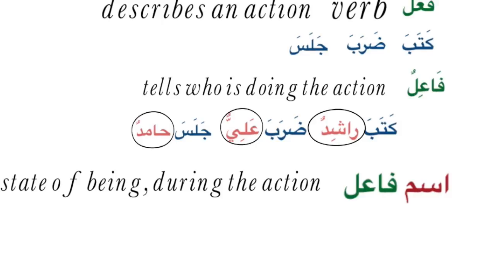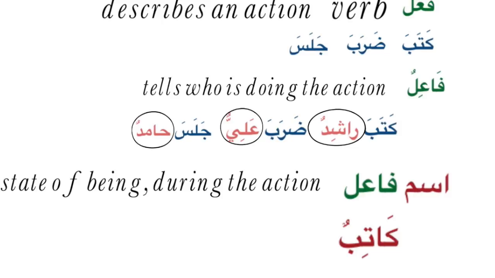As long as he is in the state of doing an action, that name is called ism fa'il. For example, if you say kataba rashidun, as long as Rashid is writing, what is he called? Katibun. That is the state of a person during an action.